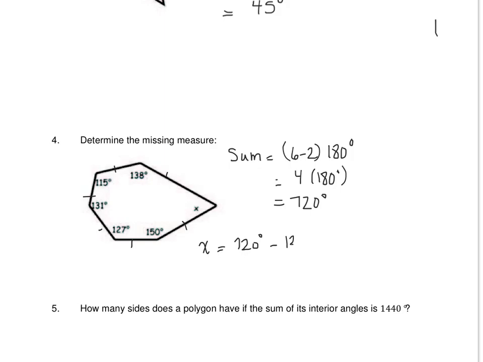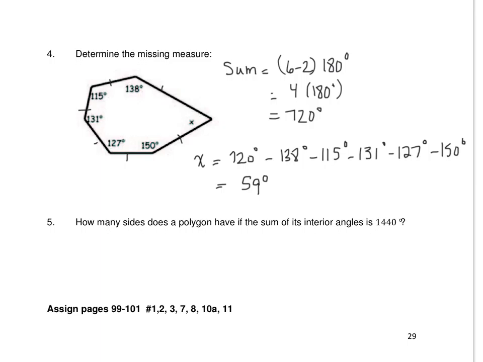Take off the 138, and the 115, and the 131, and the 127, and the 150-degree angle. So 720, take off 138, minus 105, minus 31, minus 27, and the 150 leaves you with 59 degrees for x.